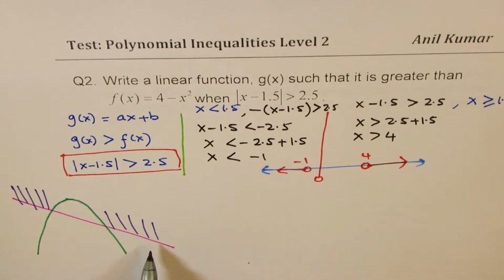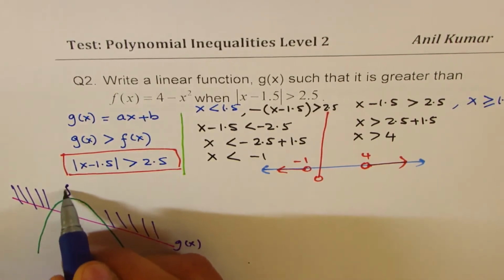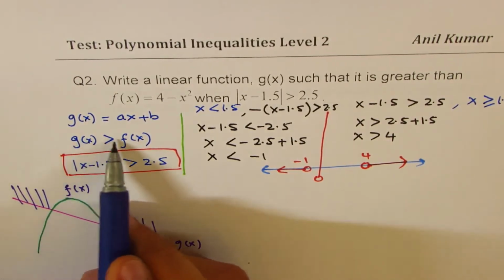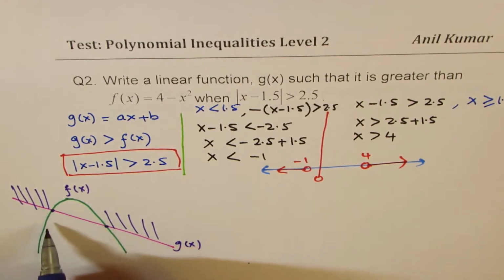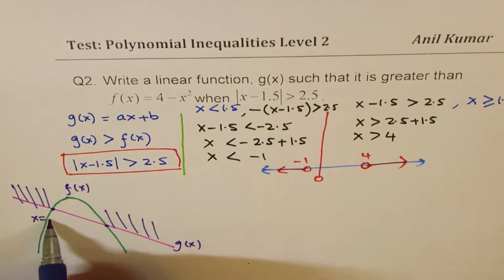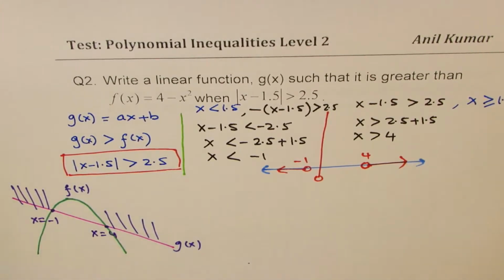So the value of any point on the line is greater than that on the curve. This is g of x, right? And this is f of x. Do you see that? So g of x is greater than f of x, where these points are the x values, x equals minus 1 and x equals 4. Do you get an idea, right?